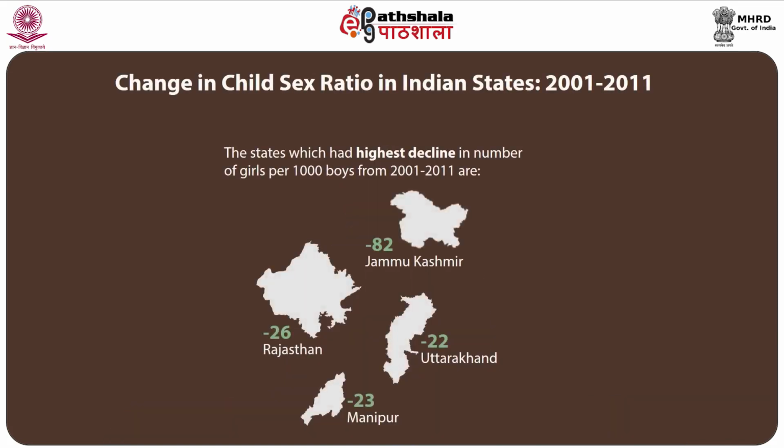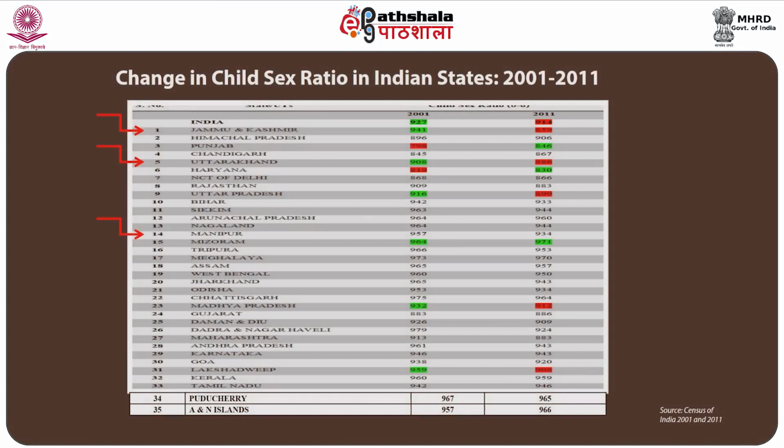Let us look at the regional pattern, the state level pattern in the child sex ratio, a bit more carefully. The states which have had the highest decline in the number of girls per 1000 boys between 2001 and 2011 are Jammu and Kashmir, Uttarakhand, Rajasthan and Manipur. The extent of this decline is also given in the table.